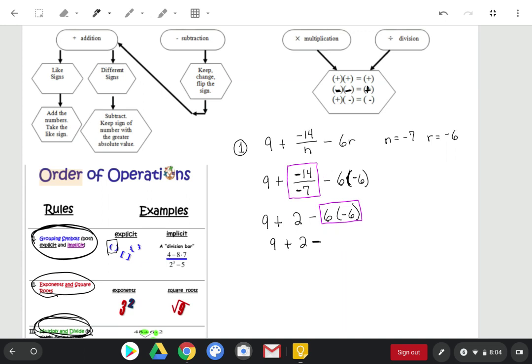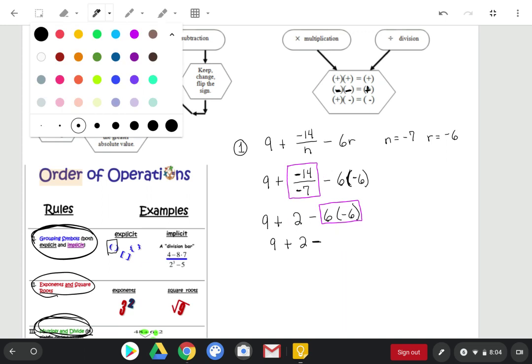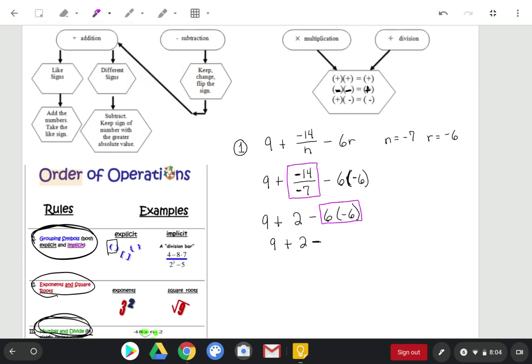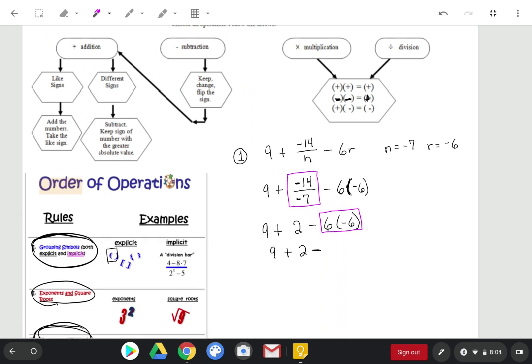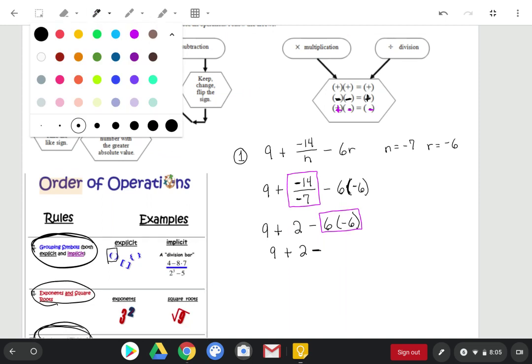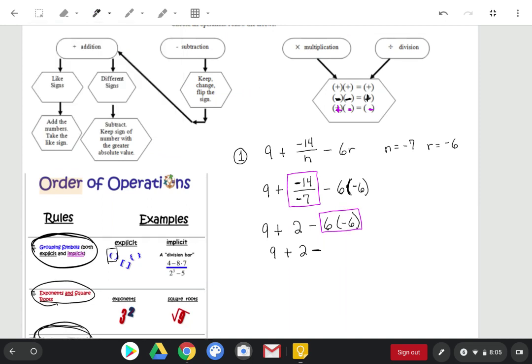And here's where I've got to remember my integer rules, okay? My integer rules say that a negative times a positive is a negative. So 6 times negative 6 is negative 36.